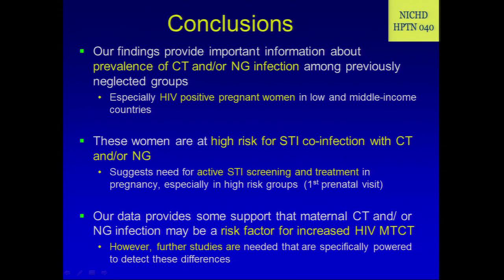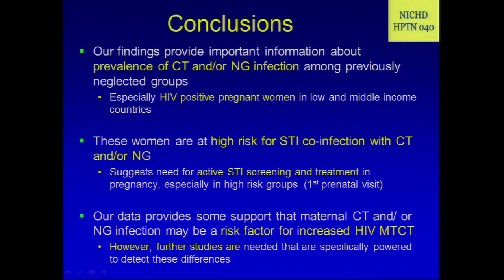So in conclusion, our study found very high rates of both chlamydia and gonorrhea in this neglected group of HIV-infected pregnant women. In addition, we found that these women are at really high risk for co-infection with chlamydia and gonorrhea. Worldwide, in most countries, particularly low and middle income countries, they currently don't test regularly for chlamydia and gonorrhea in pregnancy.